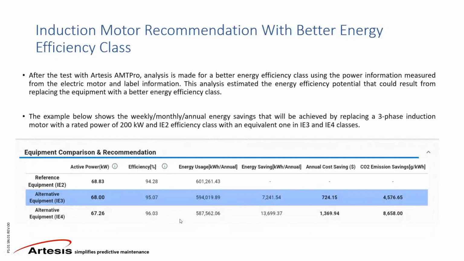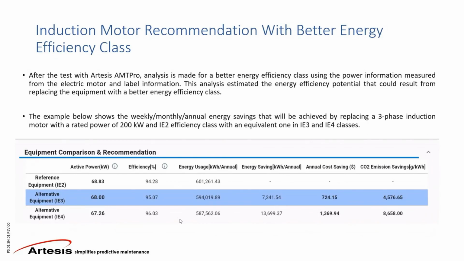And the last thing that the system is also providing is, even if your motor is properly sized, what happens when you actually move with the same rated power to a higher efficiency class motor. This information is also available on the system. So maybe your motor has failed, and this is a 200 kilowatt motor.